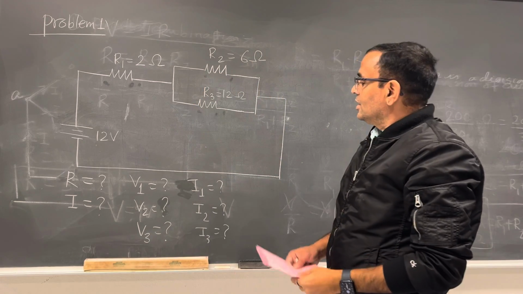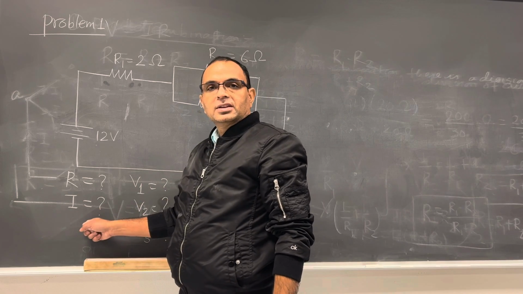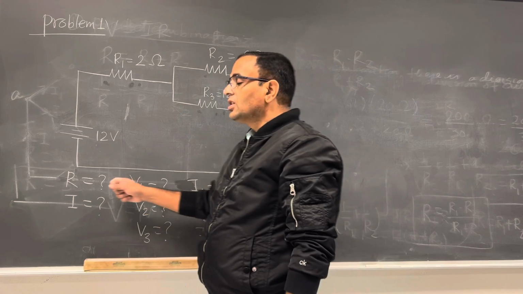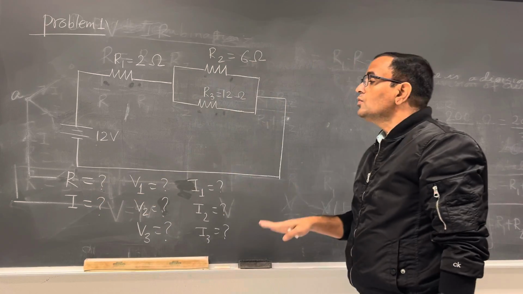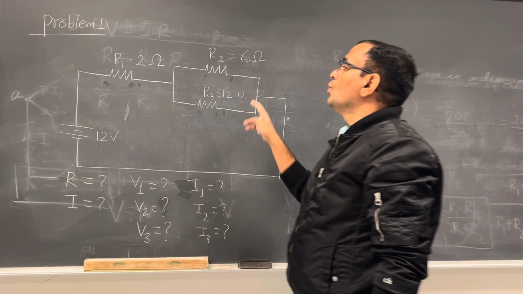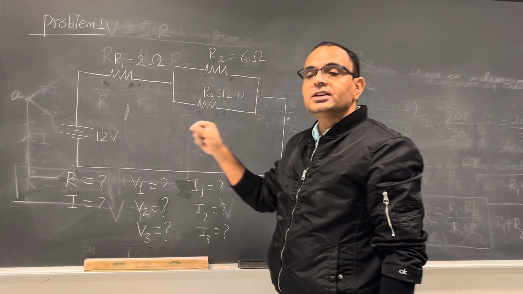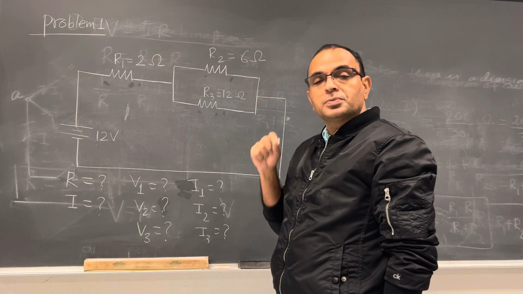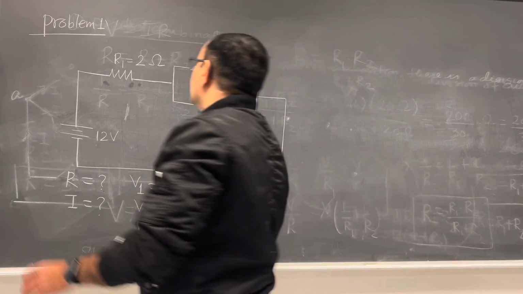Okay, so to calculate the total current in the circuit, everybody, you always calculate the total resistance first. So the first thing we need to do here is, what is the net resistance of this circuit, or what is the total resistance of this circuit. So that is the first part you need to do. So how to calculate the total resistance then?